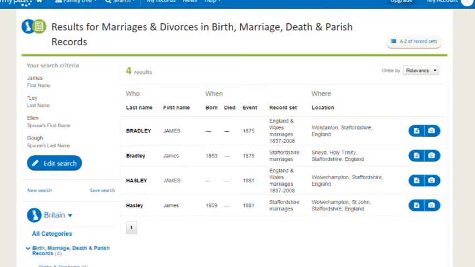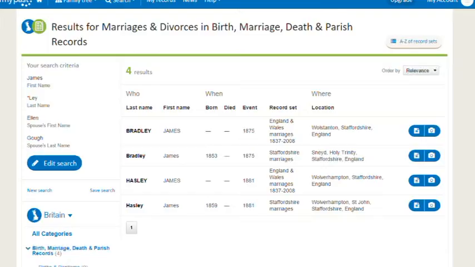And both of these 2 Jameses were married in a church, and the church as well has its own copy of the marriage details. So it's just as easy on this website.